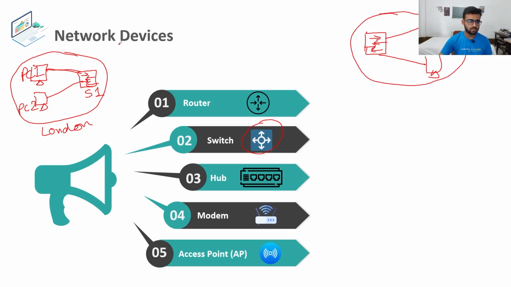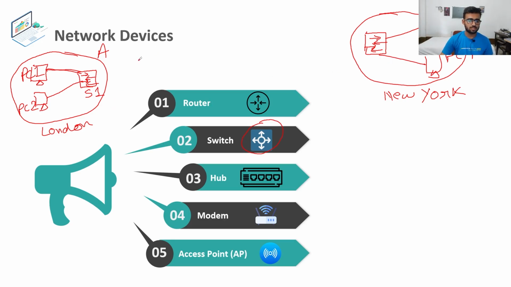This is network A, and this is network B, and this network is in London, and let's suppose this network is in New York. So if PC1 wants to send data to PC3, then how can the PC send data?